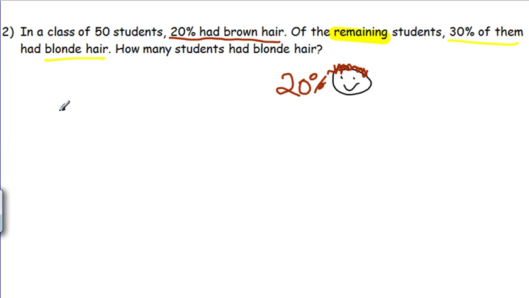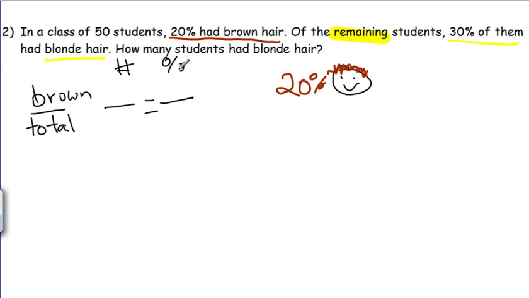So we're looking at kids with brown hair as compared to the total. We can fill in the numbers in our proportions. We're going to have numbers on one side, percents on the other. We know our total percent is going to be 100, and we know the percent that has brown hair is 20%.